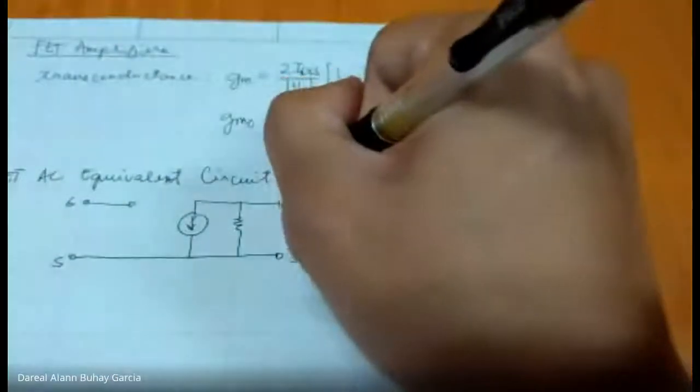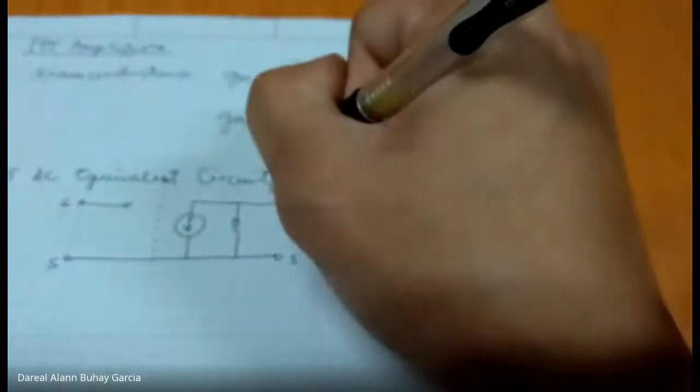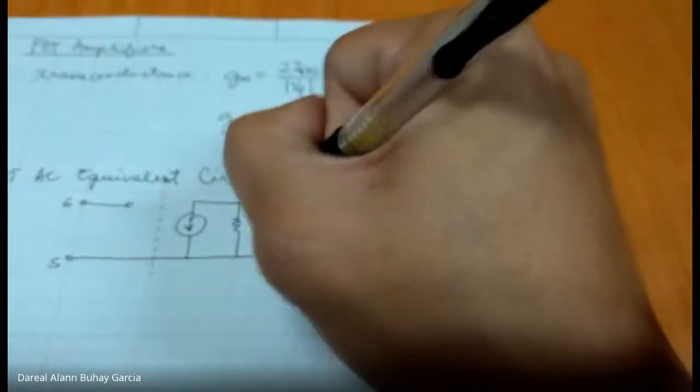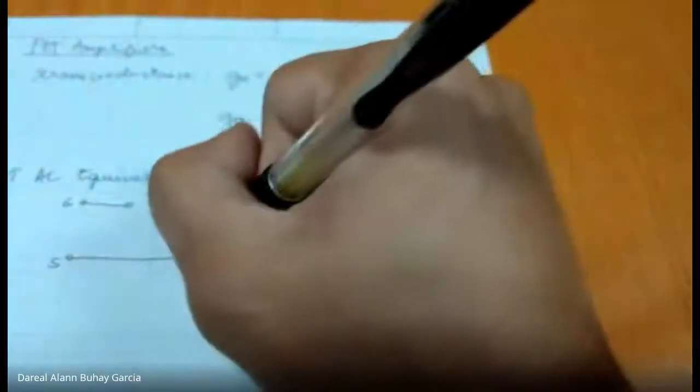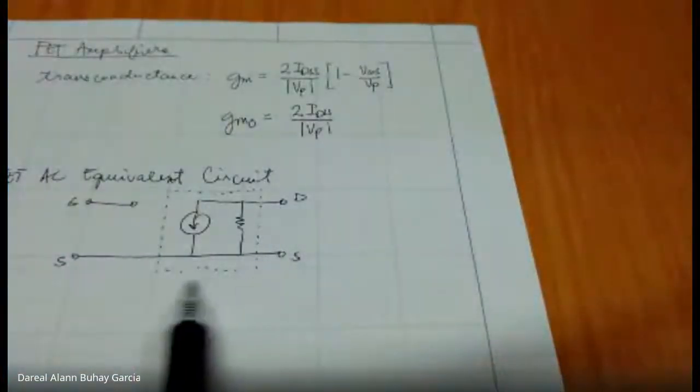This is the drain, this is the source, this is the gate, and this is the drain. So muna ang atong transistor, field effect transistor, no? Within aning boundary.